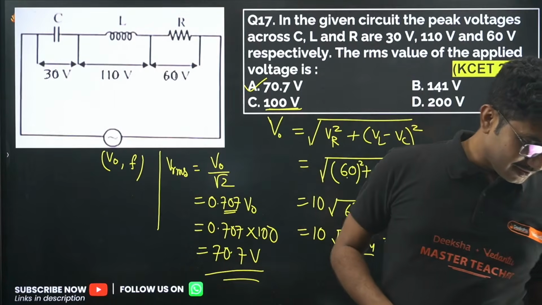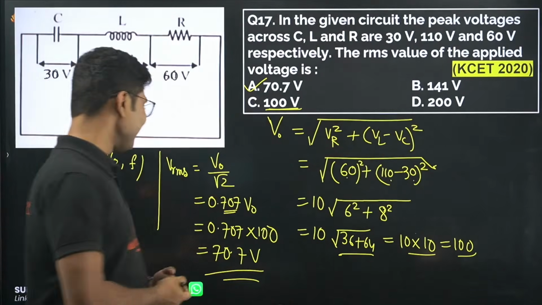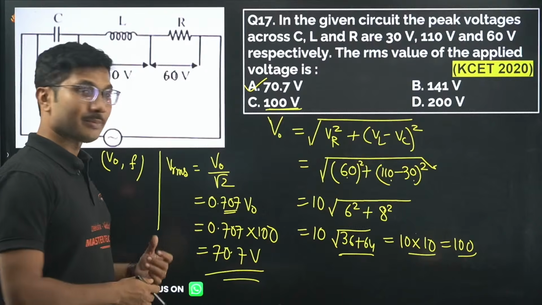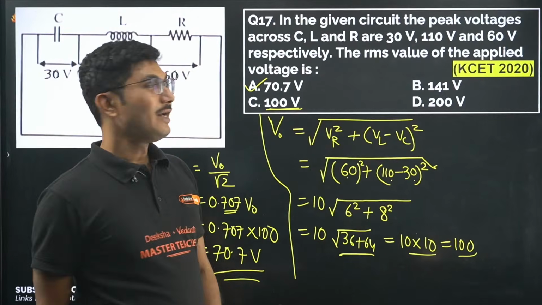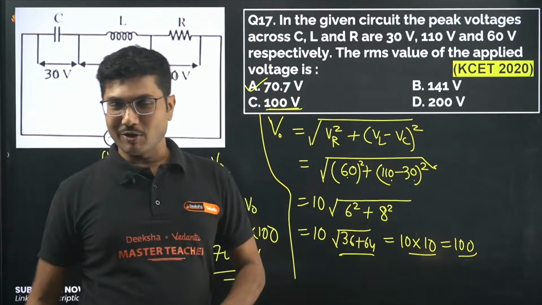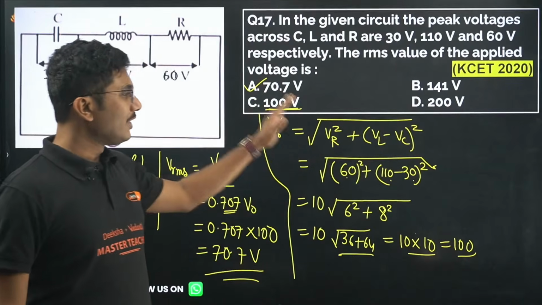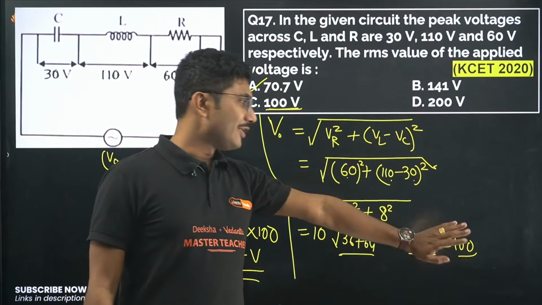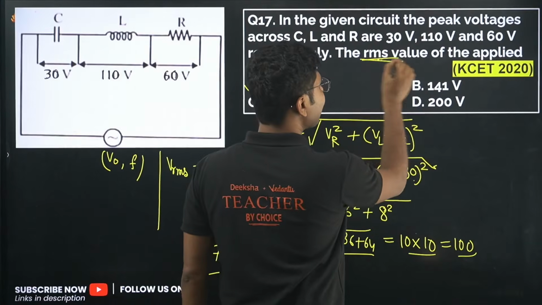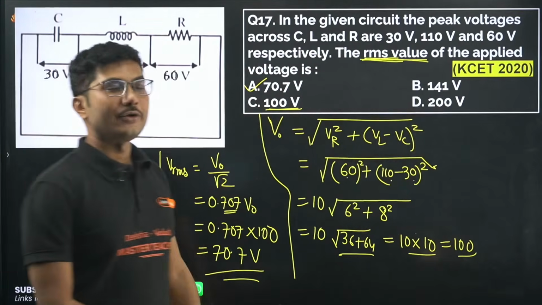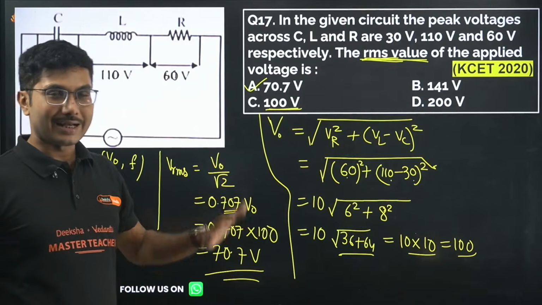Nagaraj deleted his answer after seeing it. So you have to remember, this question is slightly tricky. Even though the answer is very simple and not difficult to solve, and you can calculate V naught easily, V naught is not what they have asked. They have asked for the RMS value, so you have to divide your answer by root 2. That is the trick.